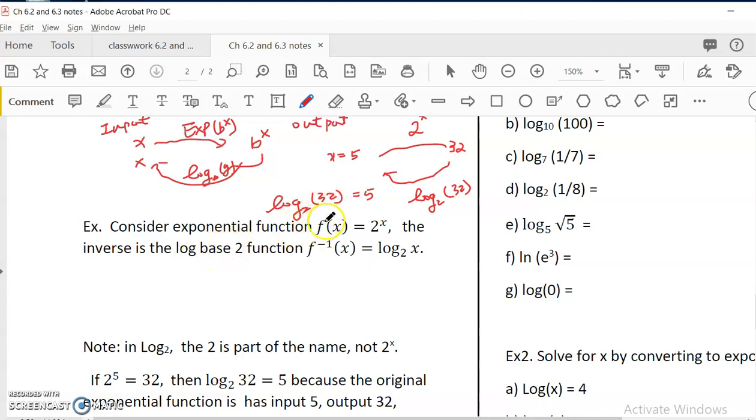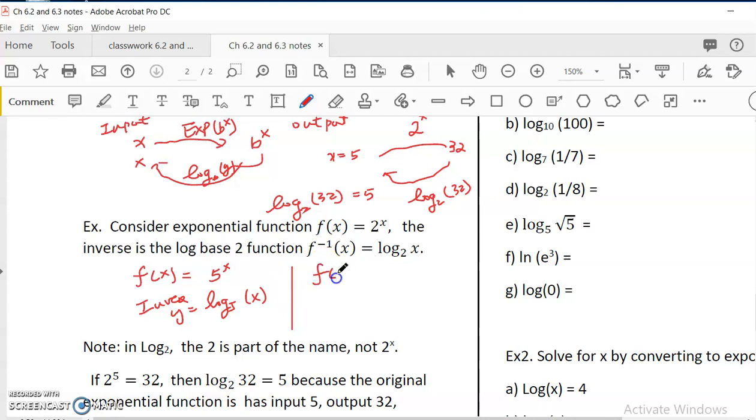If I have the exponential function 2 to the x, the log base 2 function is written log, with a small 2 as the base, of x. Another example: if my f of x is 5 to the x, then my inverse function is log base 5, which is the name, of x: y equals log base 5 of x.